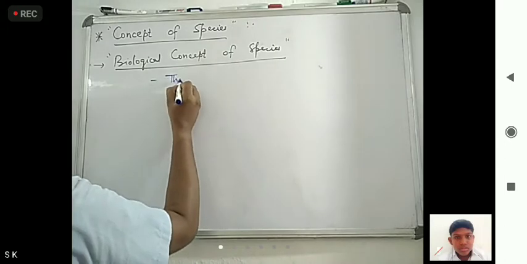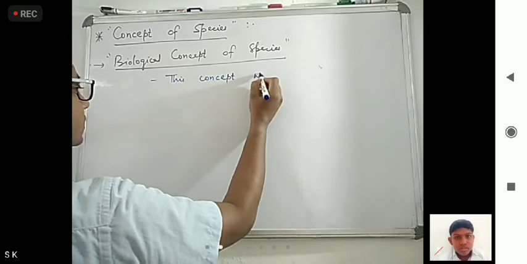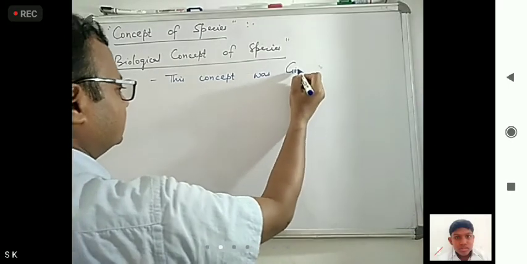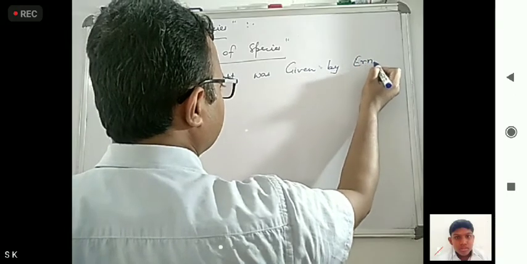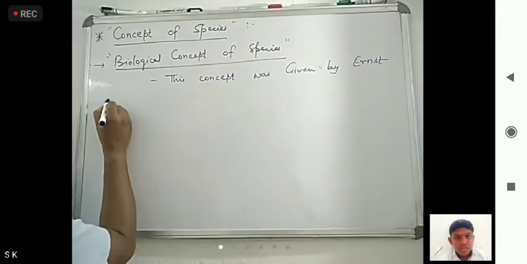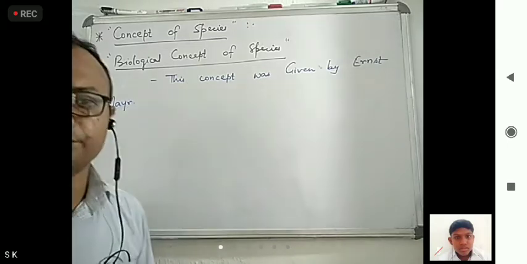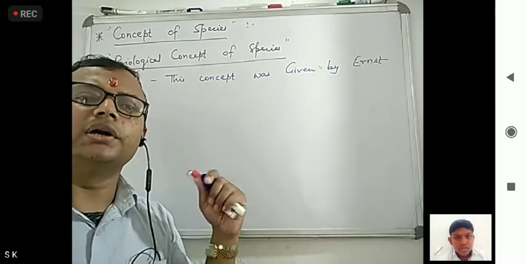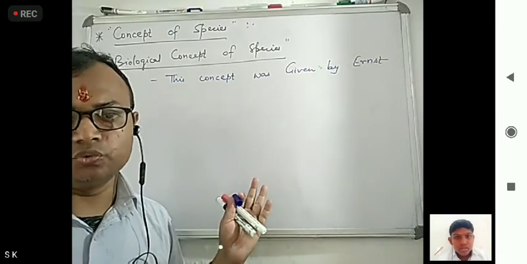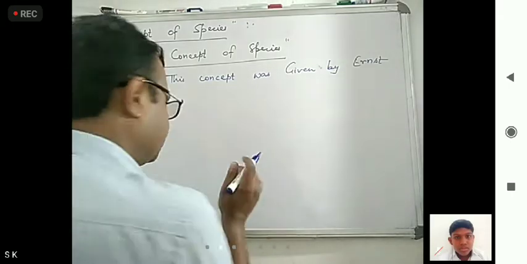This concept was given by Ernst Mayr, and according to this, a species is what? A species is a fundamental unit of classification.